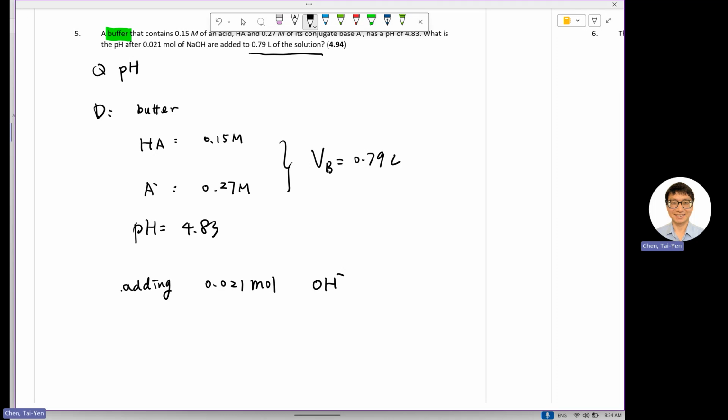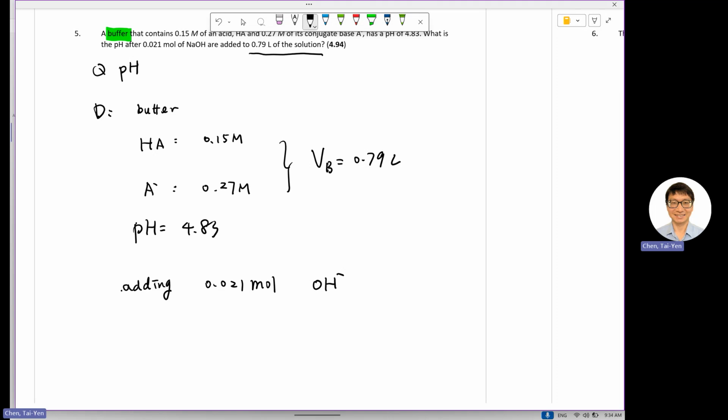Think about this. The question is trying to figure out the pH of a buffer after adding a strong base. What would the strong base interact with? Inside your buffer, you only have a weak acid and its conjugate base, and you add in your strong base. Therefore, it will only interact with your weak acid.